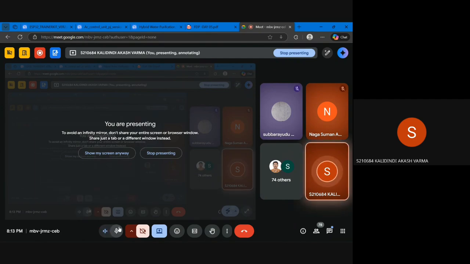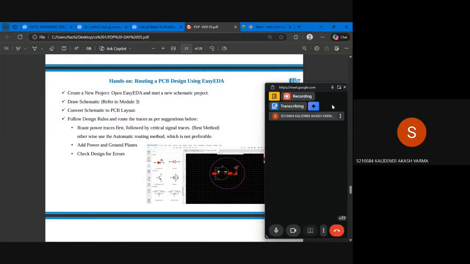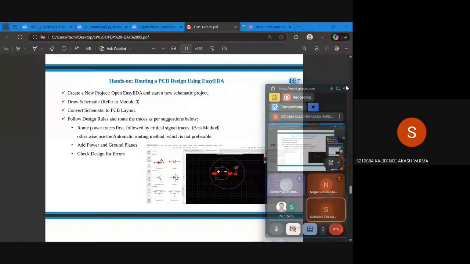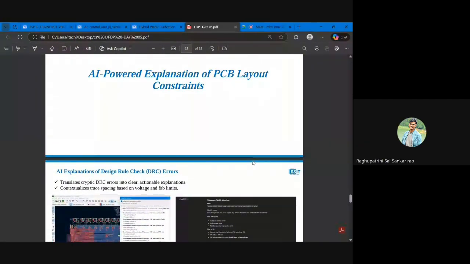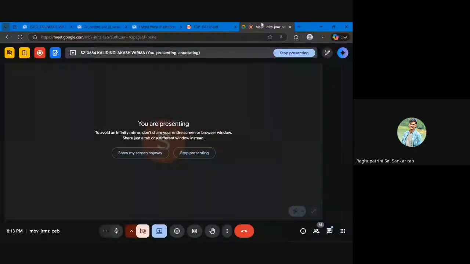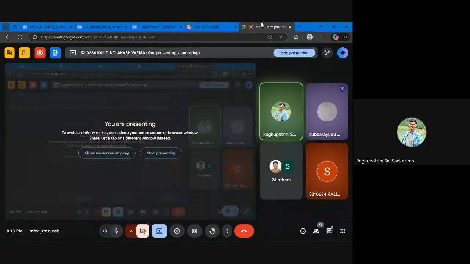So I guess Mr. Sai Shankar will cover the hands-on routing. Just now I came to know. So we will go for theory. Sudhir, yesterday we discussed the schematic. Sorry to interrupt, Sudhir. Yeah, no worries.